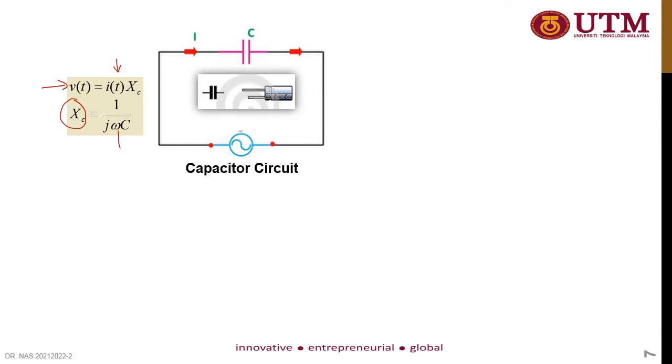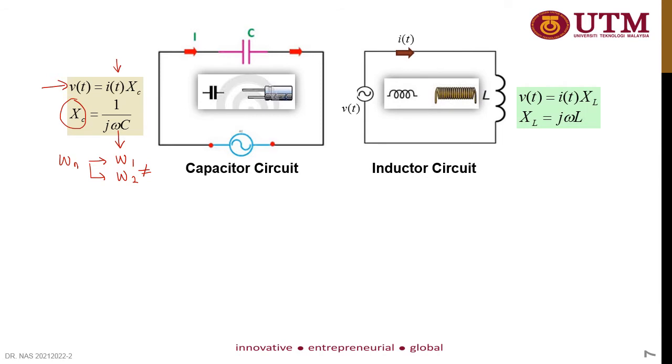In Fourier series, the omega will be different for different harmonic numbers. For example, if you have the first harmonic, it is omega 1. If you have the second harmonic, you have omega 2. So the value of omega 1 usually is not equal to omega 2, omega 3, and so on. If you have an inductor inside a circuit, V is equal to I, the current, multiplied with the inductor impedance.